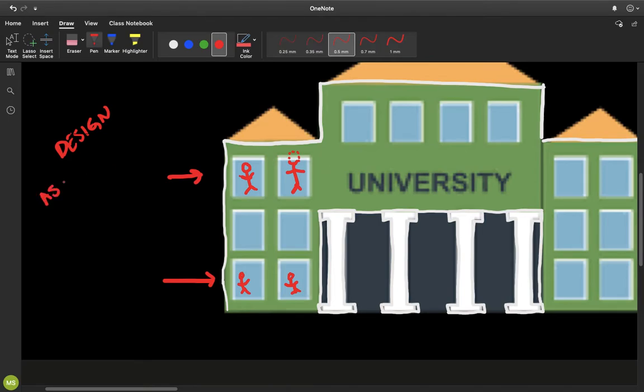So in ASCE, there's a bunch of codes, correct? And ASCE stands for Associated Society of Civil Engineers, and this is where they lay out the codes. Codes meaning what is allowed, what is not allowed, minimum standards, basically the law.